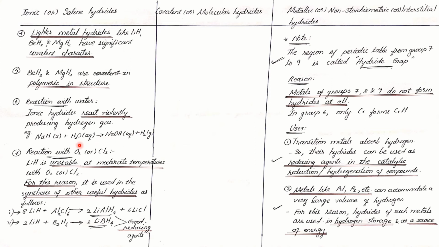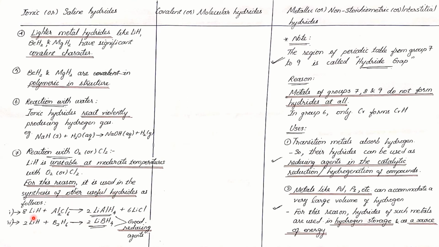Now, what about reaction with oxygen or chlorine? Here I have taken the example of lithium hydride, which is a lighter metal hydride. Lithium hydride is unstable at moderate temperatures in the presence of oxygen or chlorine. For this reason, it is used in the synthesis of other useful hydrides.